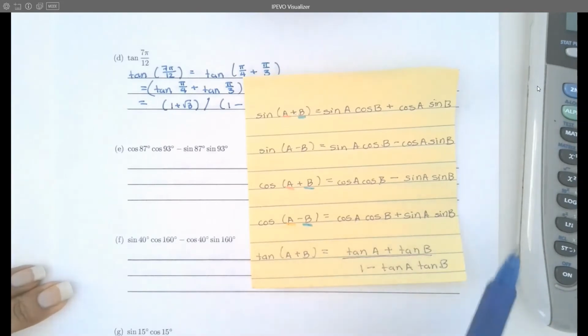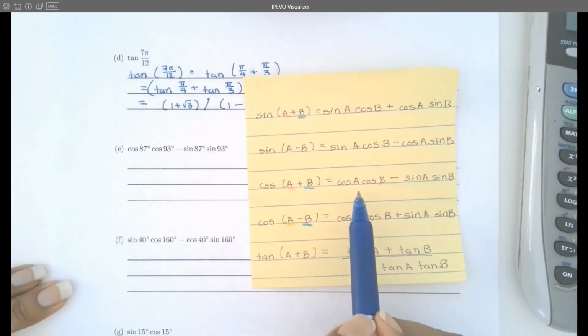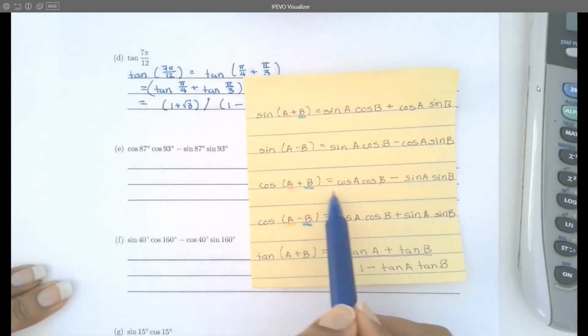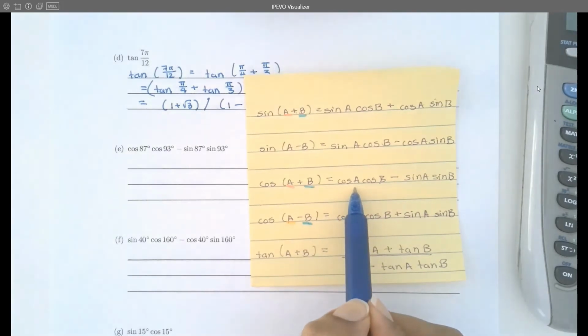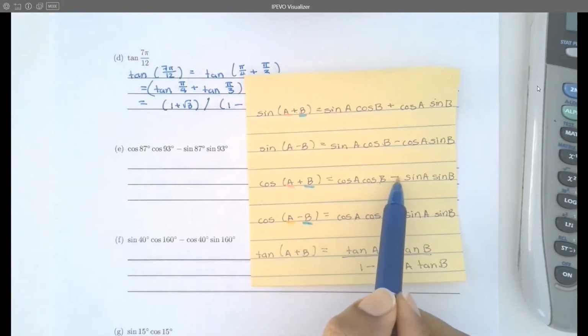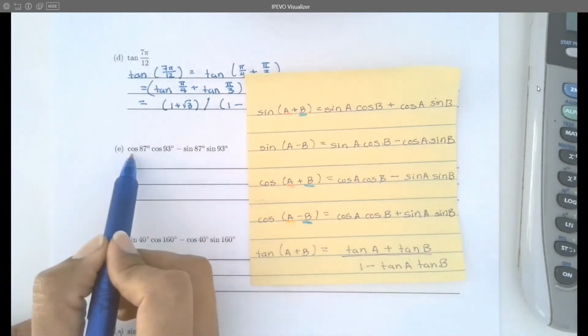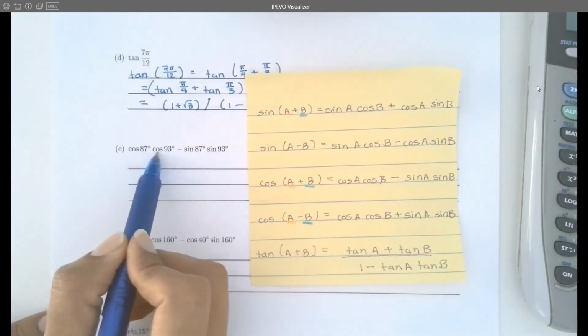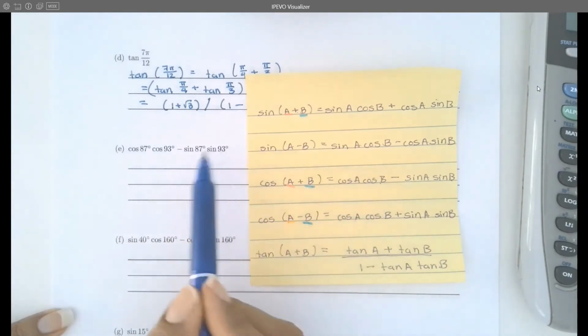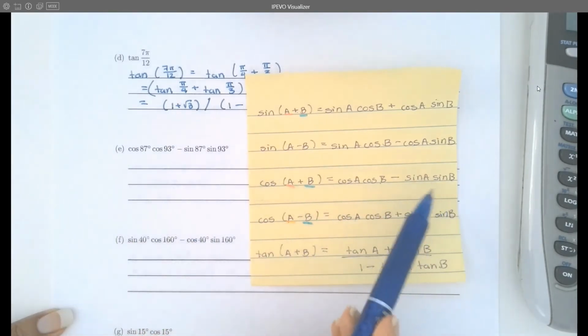In particular, if you take a look at the cosine of A plus B, that's cosine of the first angle times cosine of the second minus sine of the first times sine of the second. And that's precisely what we have, where we have the product of two cosines of different angles minus the product of two sines of different angles.